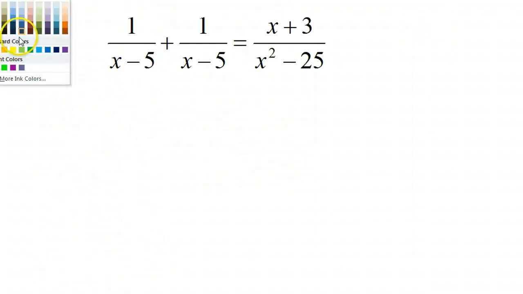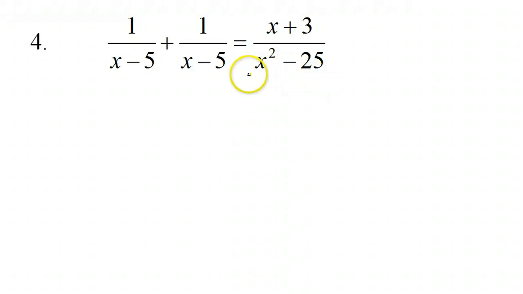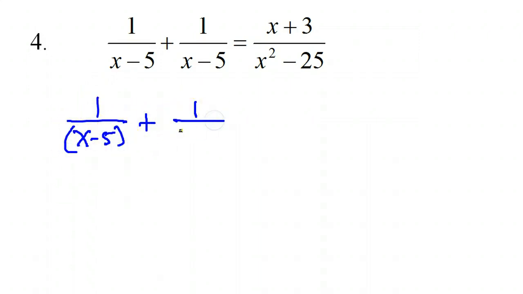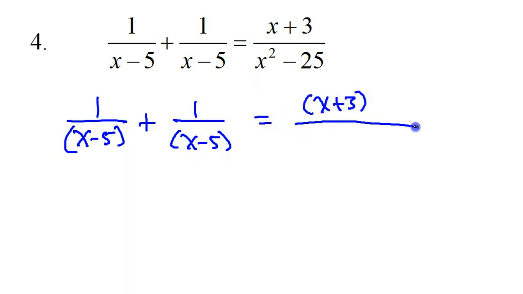Alright, problem number 4. Again, let's definitely factor first. So we're going to have 1 over x minus 5 plus 1 over x minus 5, and that's going to equal x plus 3 over x plus 5 x minus 5.